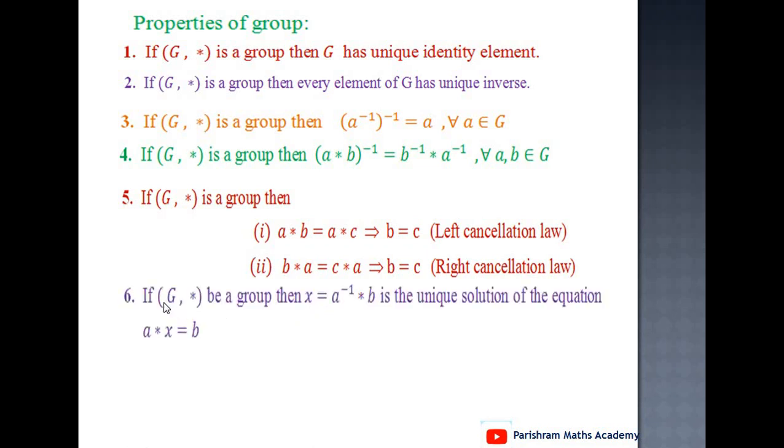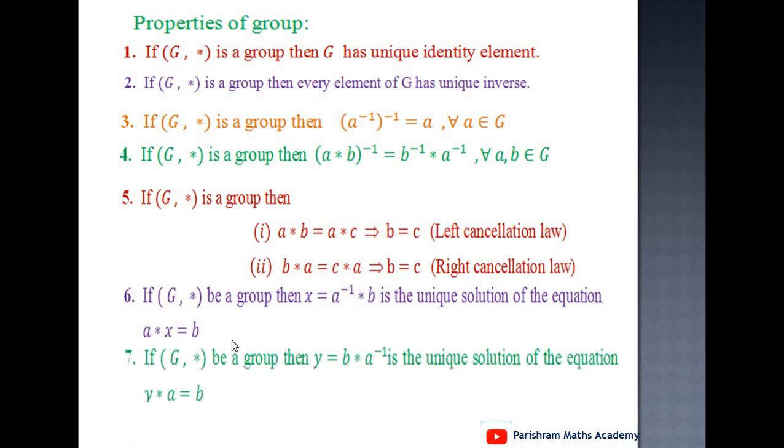Number 6, if G comma star is a group, then x equal to a inverse star b is the unique solution of the equation a star x equal to b. And number 7, if G comma star is a group, then y equal to b star a inverse is the unique solution of the equation y star a equal to b. These are the 7 properties of the group.